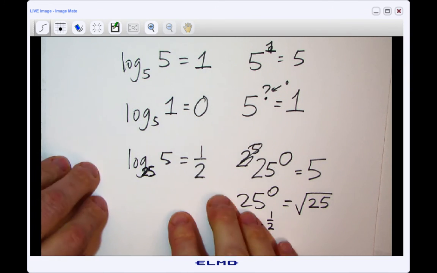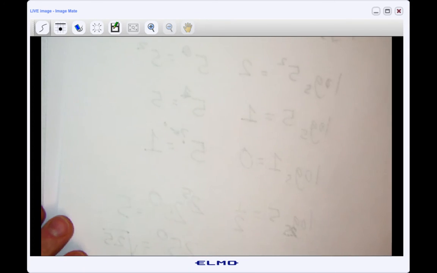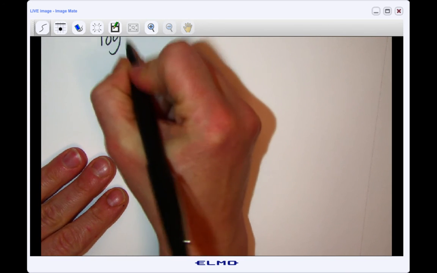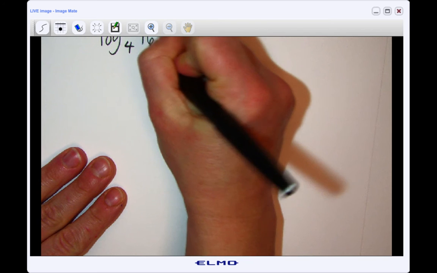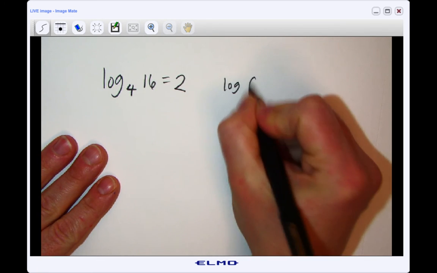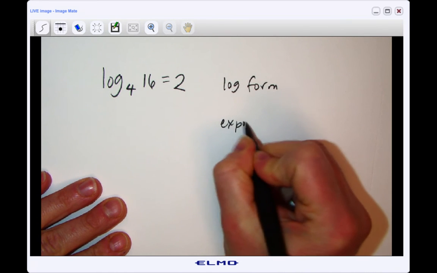We can go ahead and, well, why don't we do a couple where we switch them before we end? Let's say I have this one. Log base 4 of 16 is equal to 2. This is my log form. Let's write it in exponential form.